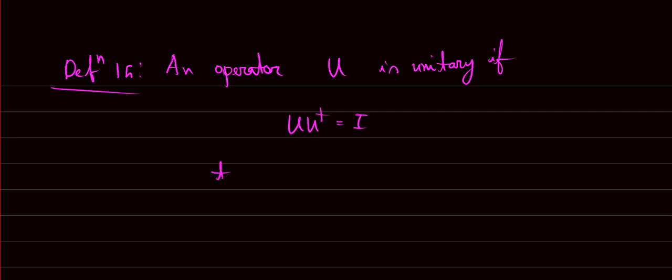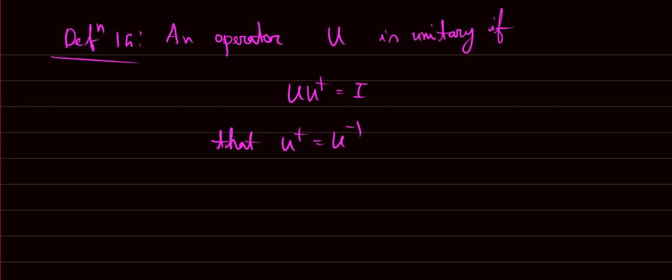That is, the adjoint of U is equal to the inverse of U. So this is the unitary operator. Again, why it is important, it will come in the later part of the course.